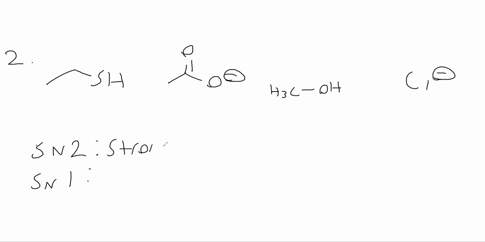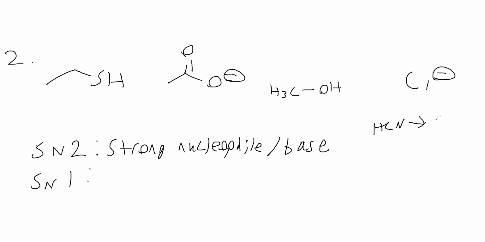So strong nucleophile, and generally a strong nucleophile is also a strong base. There's one exception to that rule, and that's the cyanide group, which you might not know because you didn't have to memorize the pKas, but HCN is a strong acid, so its conjugate base is a weak base, but this is still a strong nucleophile.